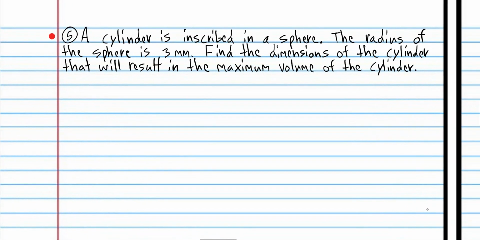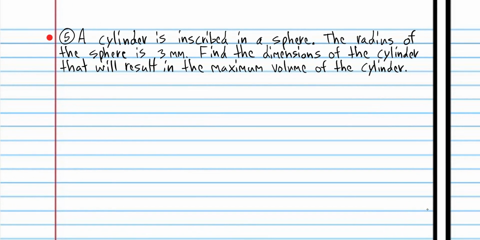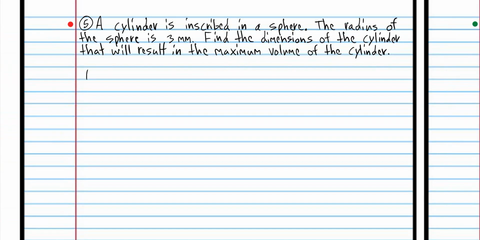Okay, so now we're going to go to a volume problem. It says a cylinder is inscribed in a sphere. The radius of the sphere is 3 millimeters. Find the dimensions of the cylinder that will result in the maximum volume of the cylinder. So let's draw a picture.